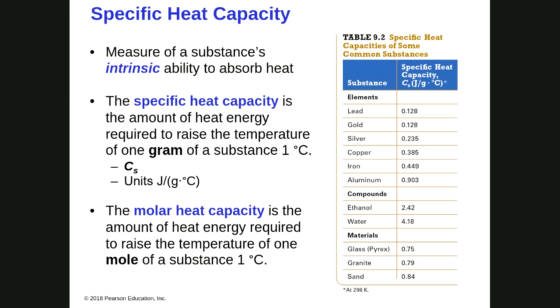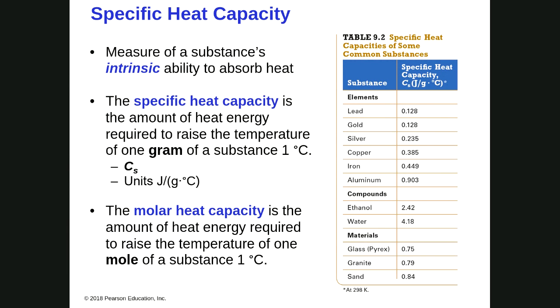And so when we talked about specific heat, we said that it matters how much you have. The specific heat capacity, however, is intrinsic. That is, it is a number, and that's what it's always going to be. And so, because that's a constant proportionality between the material and how much heat it absorbs.